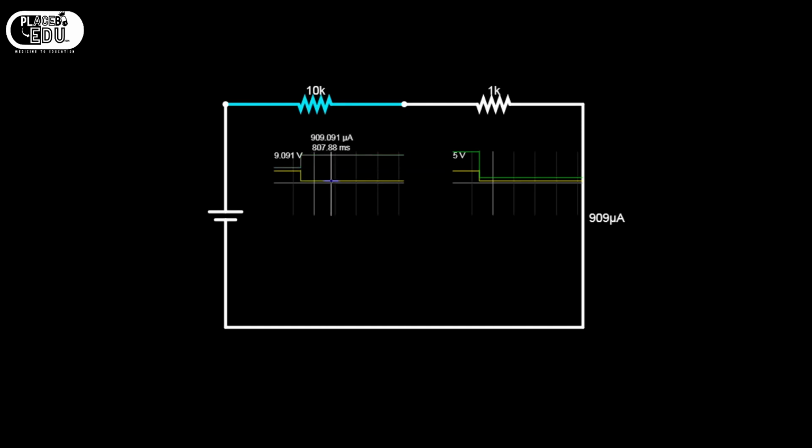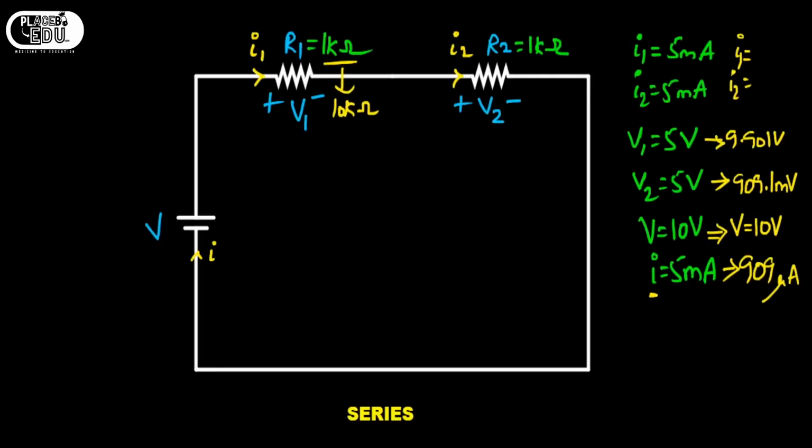I1 will be 909.091 microamperes, and I2 will be 909.091 microamperes. So I am going to write I1 as 909.1 microamperes, and I2 also 909.1 microamperes.